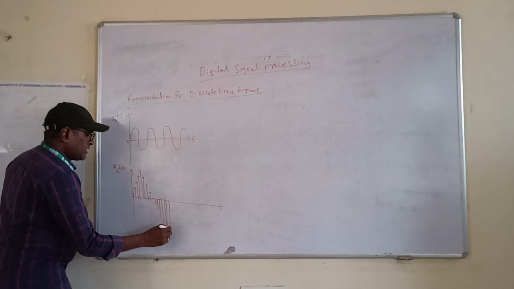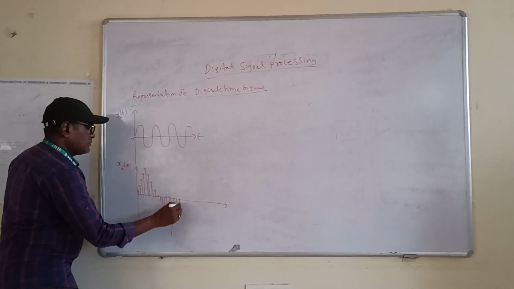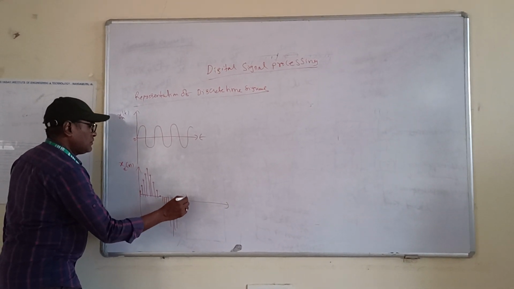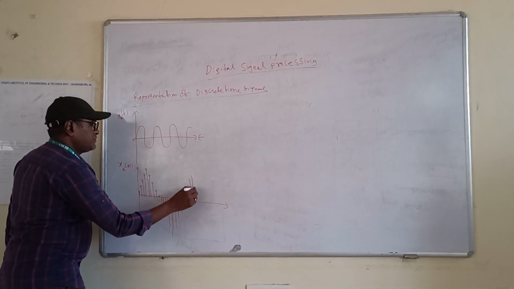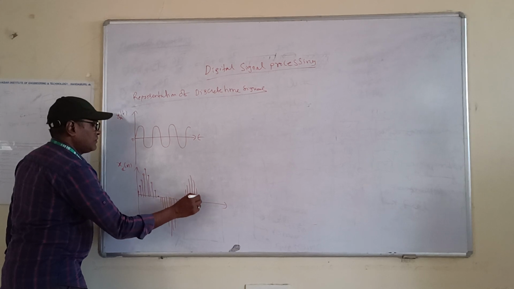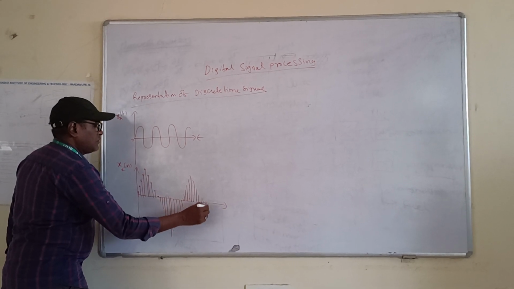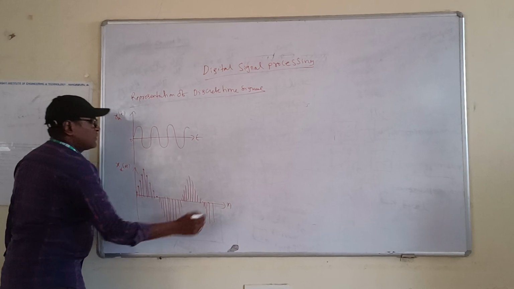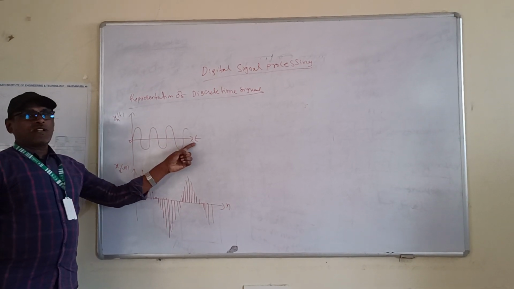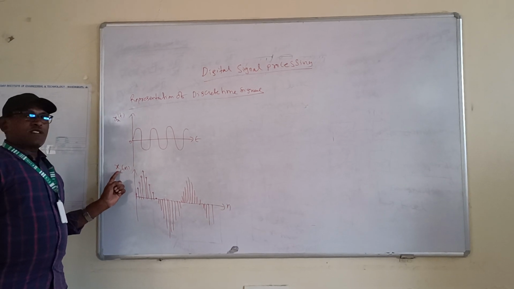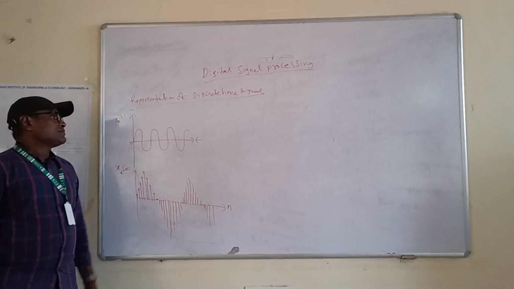This is a discrete time signal. A continuous time signal is a function of t. A discrete time signal is a function of n.